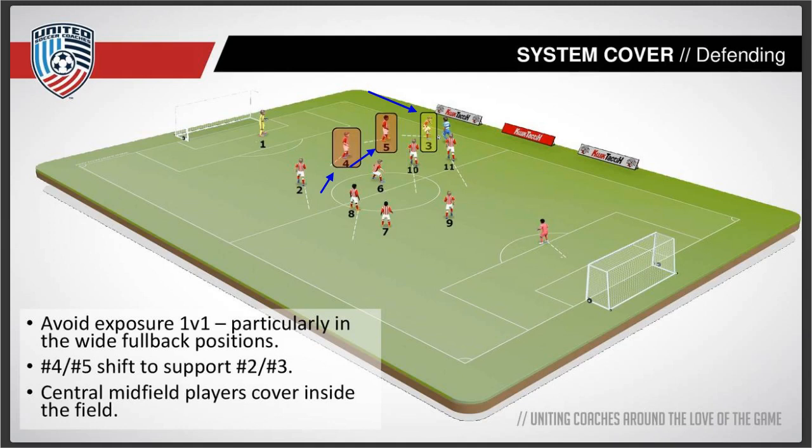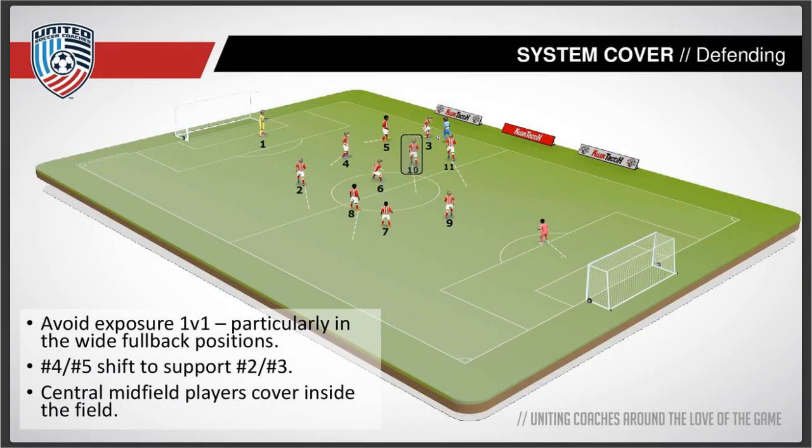So number 3 is applying pressure, number 4 and 5 are sliding across to offer help. And the word for help in terms of the defensive side of things is providing cover. There will also be potential help coming from other places, but it's critical that 4 and 5 stay connected.